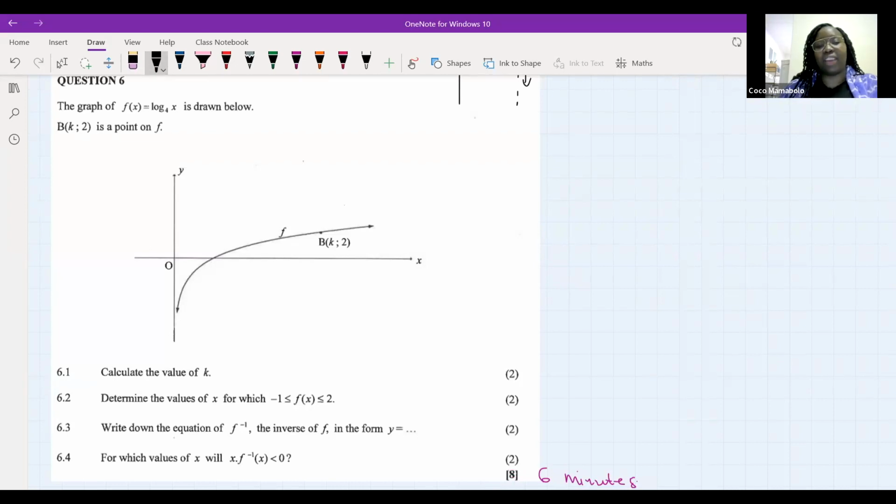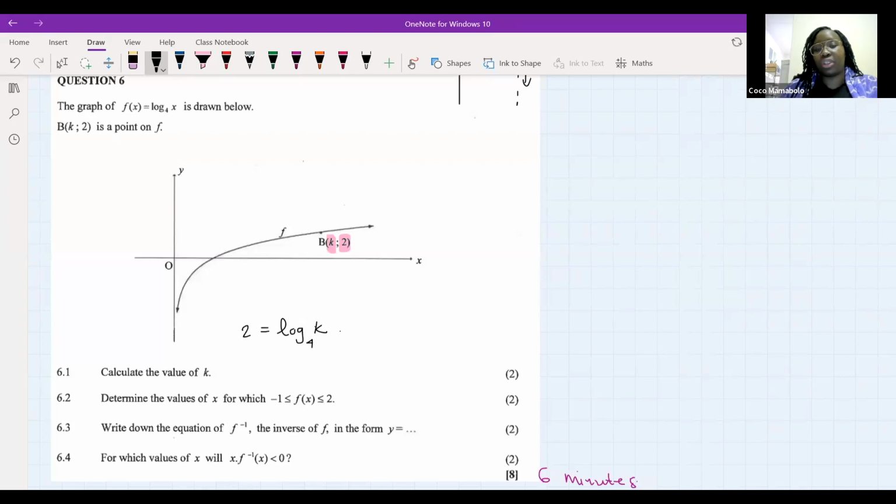6.1 says calculate the value of k. So if we look at k over here, we know that k is our x value and 2 is our y value. So we're just going to go into the formula that they've given us and substitute each of those into the formula. So my f of x is 2. I will go 2 is equal to log base 4 of k.